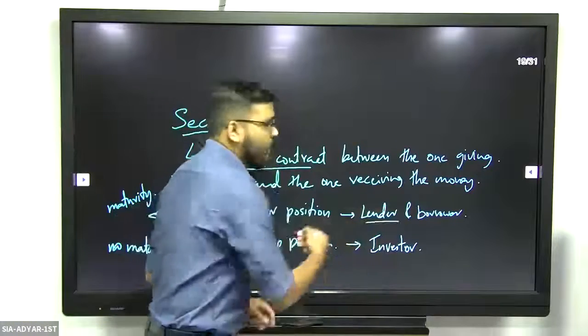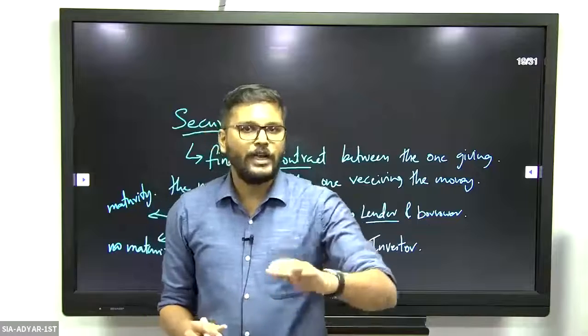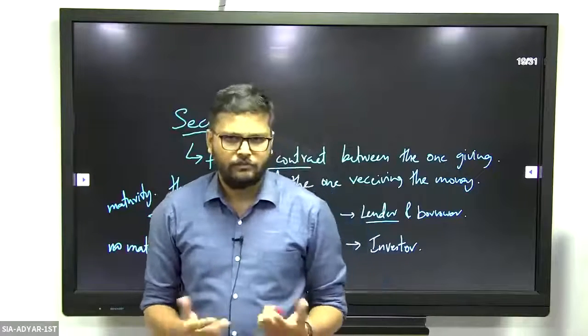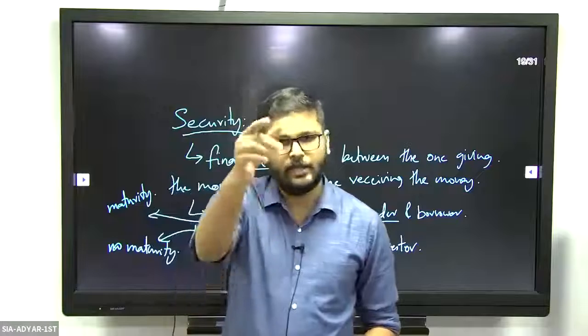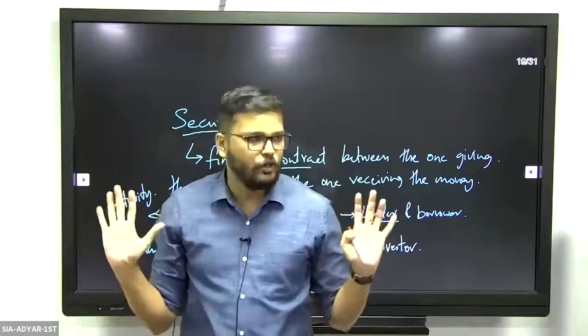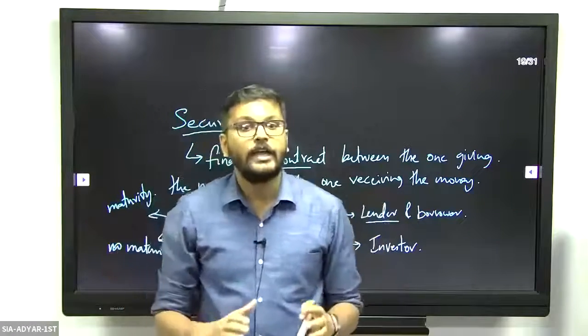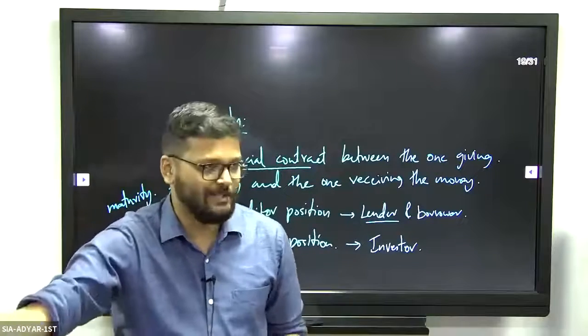Similarly, you lent money to a company. The company told you, I'll give it back to you after 2 years. Fine. One year later, you immediately need money. You cannot go to the company and say, give me back my money. The company will say, our contract was for 2 years. But there is a provision where you can go to the other market and sell even this instrument.